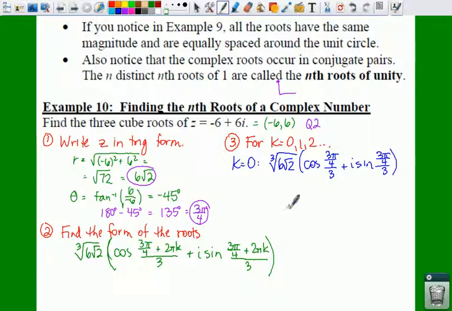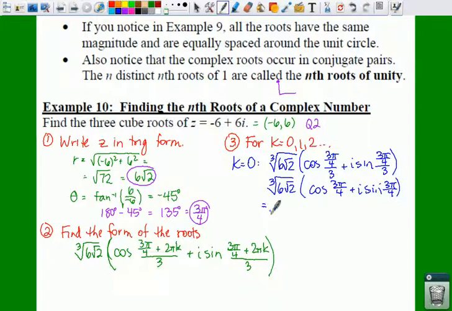So when we plug these values into your calculator, you're actually going to get something kind of ugly. We're going to get a third root of 6 radical 2, times the cosine of 3 pi over 4 divided by 3, plus I sine of 3 pi over 4 divided by 3. And what it will let you do in this case is turn these into decimals.